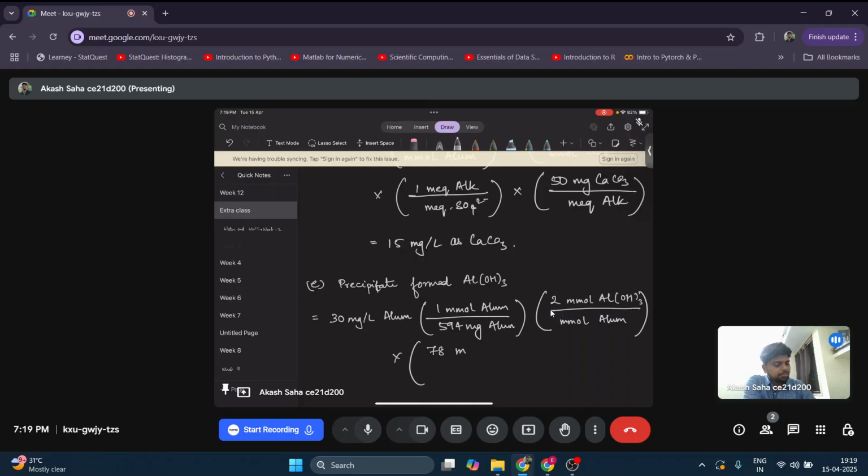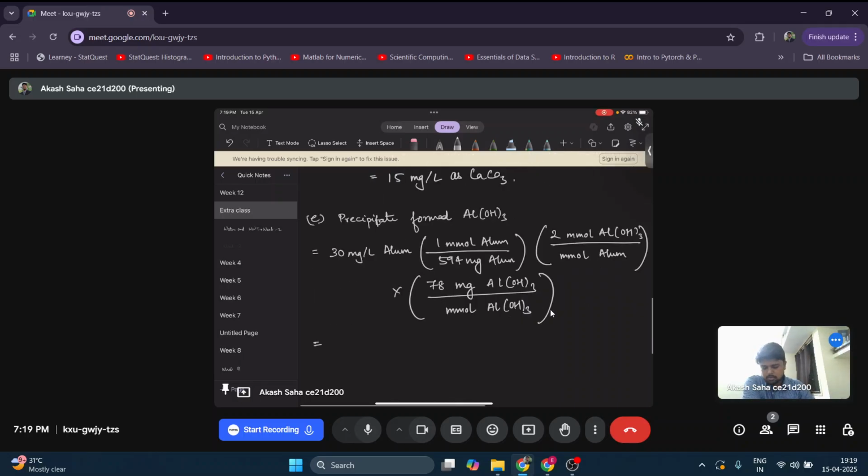So weight of the precipitate: 78 milligram of AlOH thrice divided by millimole of AlOH thrice. So simple thing. So it will be 7.88 milligram per liter. Okay, milligram per liter of AlOH thrice.